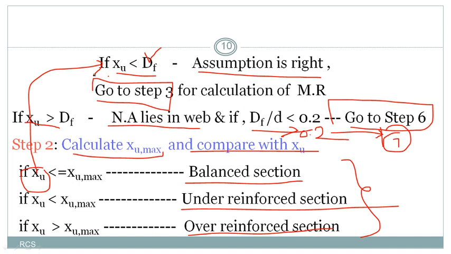So if you want to know whether your section is an under reinforced, balanced, or over reinforced section, we need to calculate the actual depth of neutral axis corresponding to case number 2. After calculating that, again we have to compare that value with our xu max, and then decide what type of section it is.